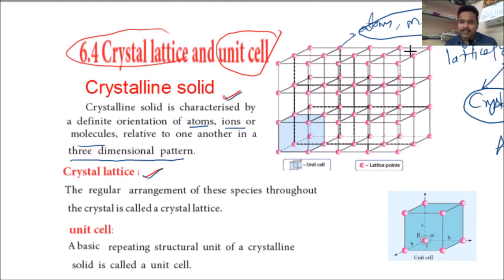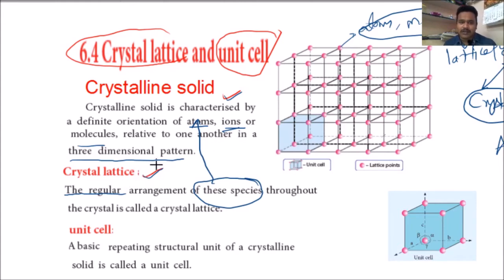This is what a crystalline solid is. Crystal lattice is the regular arrangement of these pieces, meaning atoms, ions and molecules, again throughout the crystal. This crystal, fully, is an arrangement of atoms only. That is what a crystal lattice is.